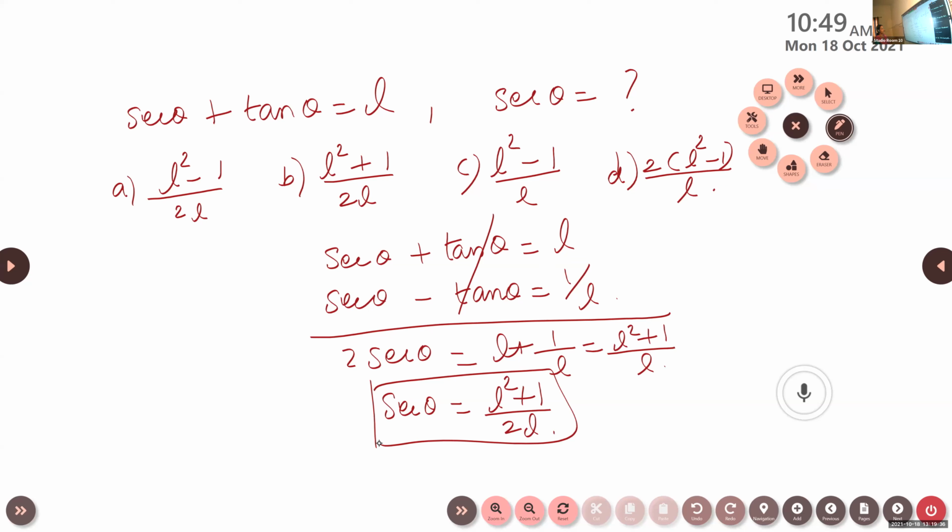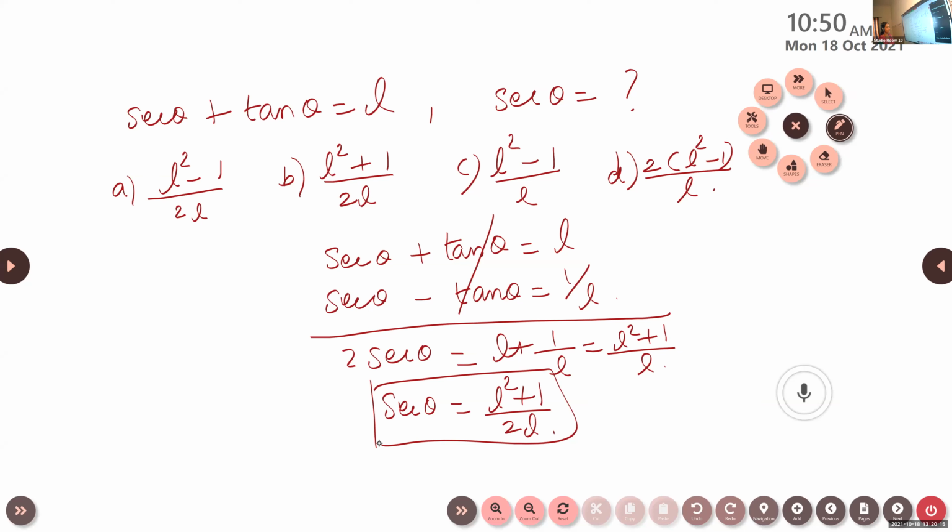This is the way you do this. Instead of that, if you don't use the identity and simplify, you will spend more time. So here we use that format. Sec theta plus tan theta is L means sec theta minus tan theta is 1 by L. Ma'am, how did L square come?